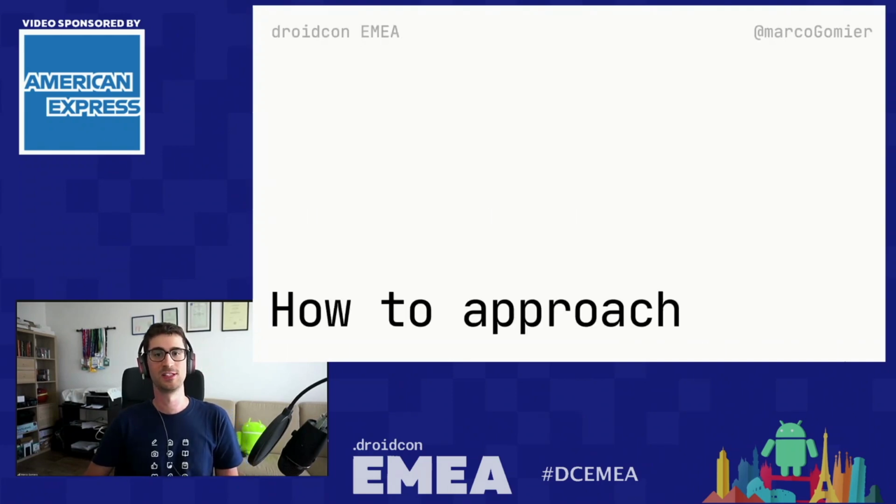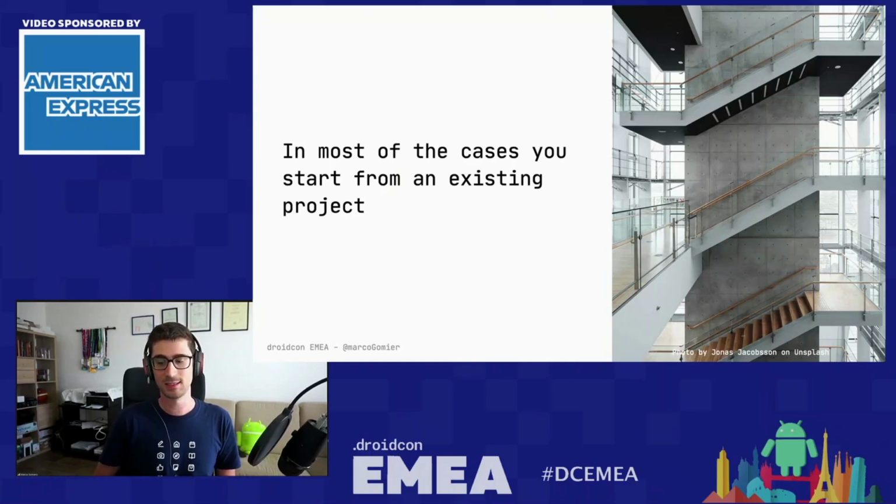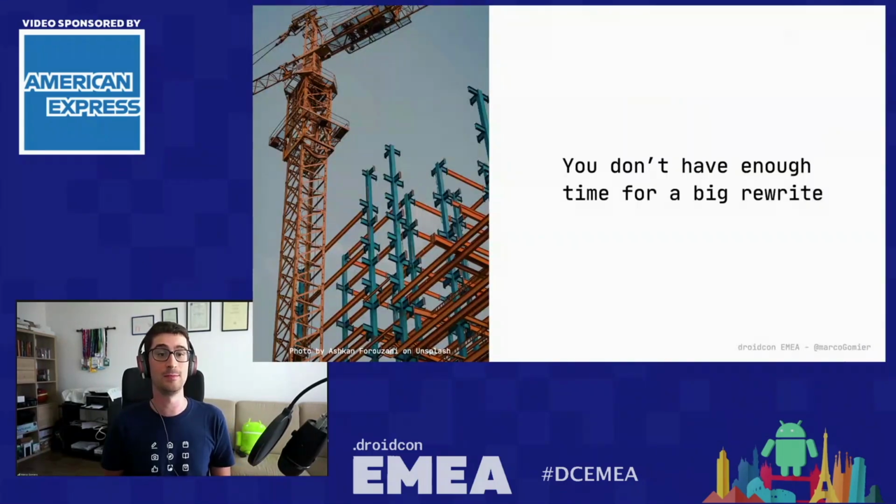Okay, this seems very promising, but how do we approach it in existing projects? Well, in most cases, you are starting from an existing project with an existing structure, existing architecture, existing repository, and so on. Plus, you usually don't have time to do a big rewrite of your existing stuff.